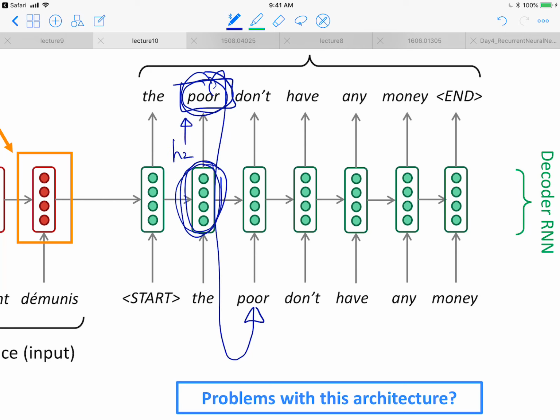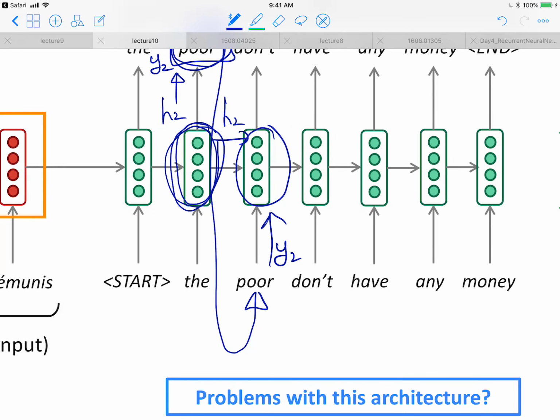So that worked as the input that creates this Y2, and this RNN cell is taking the input as H2, right? So in this case, giving the additional input of Y2 is not necessary, in some sense, right?